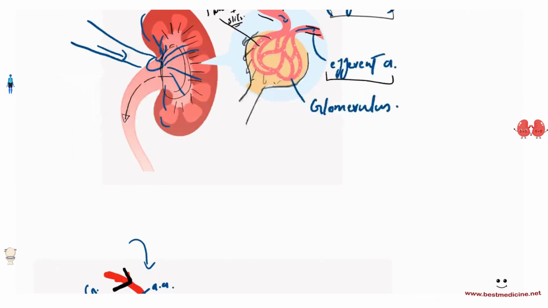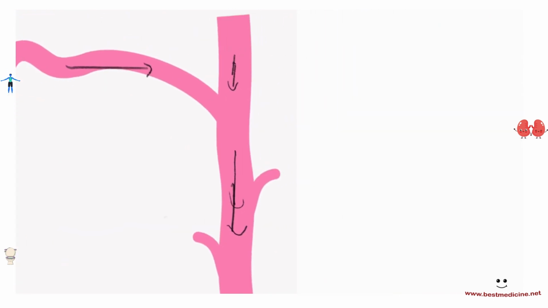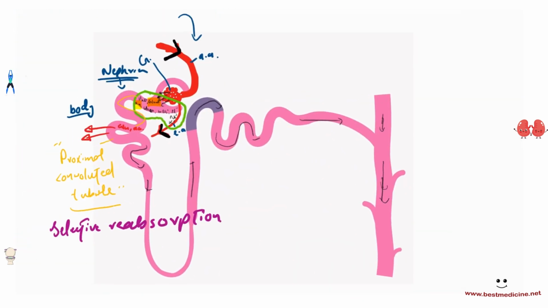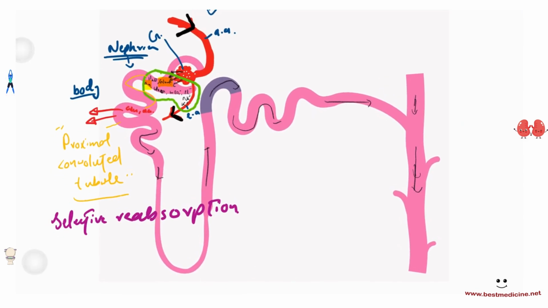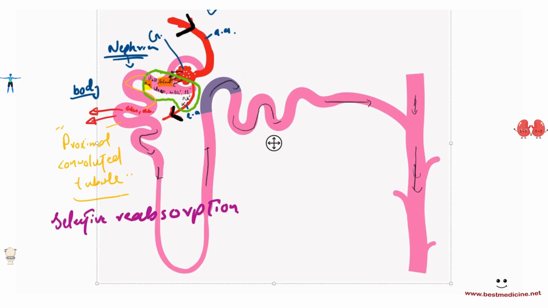So these collecting tubules are called collecting tubules, right? They're just called collecting tubules. So for GCSE AQA, our main areas of the nephron that we need to know are the proximal convoluted tubule and the collecting tubule.